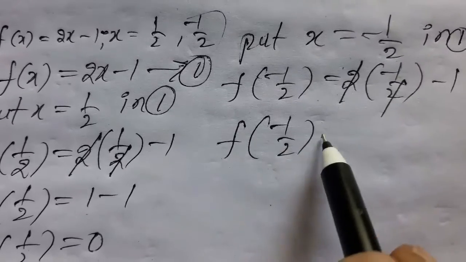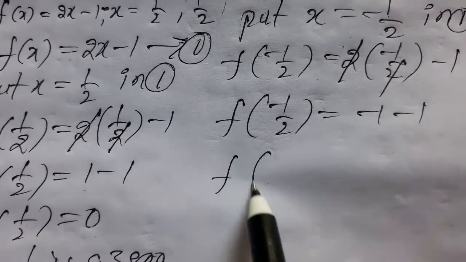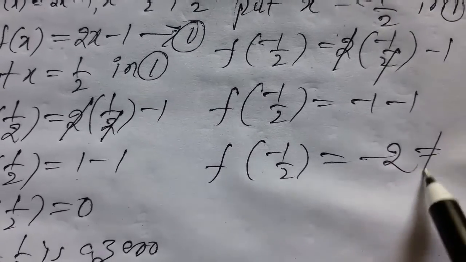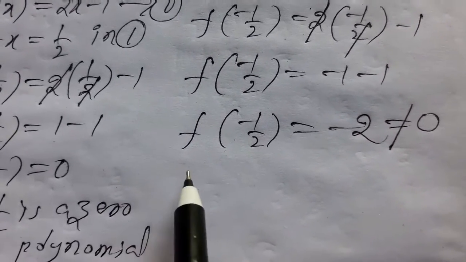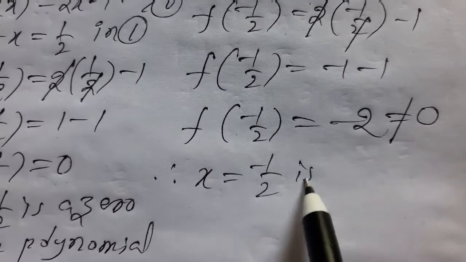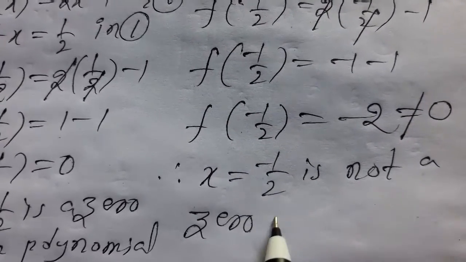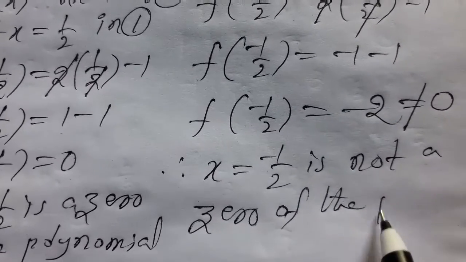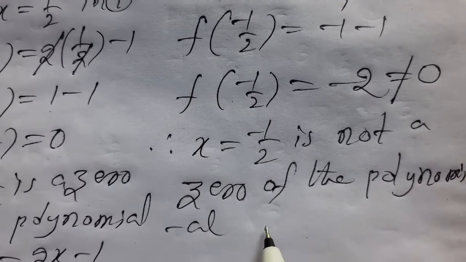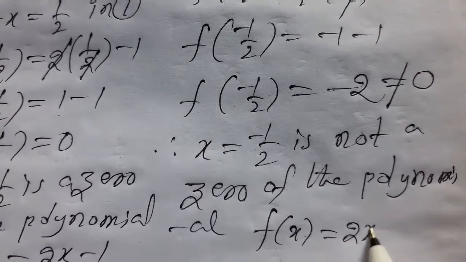Therefore f of minus 1 by 2 equals minus 1 minus 1, which becomes minus 2. That means it is not equal to 0. Therefore, x equals minus 1 by 2 is not a zero of the polynomial f of x equals 2x minus 1.